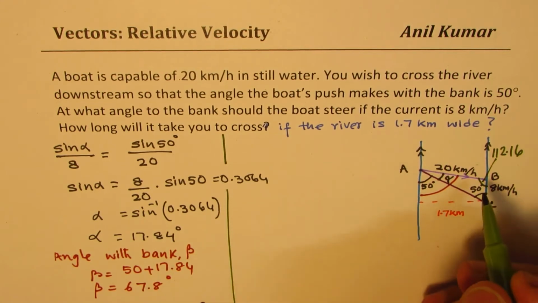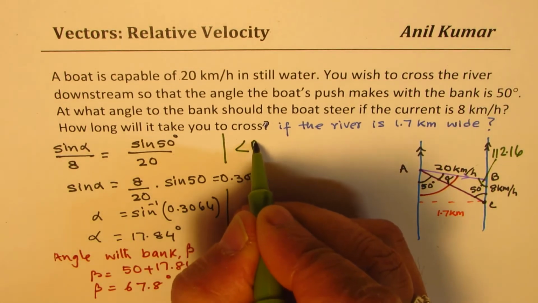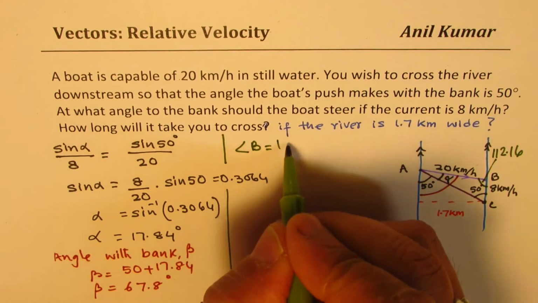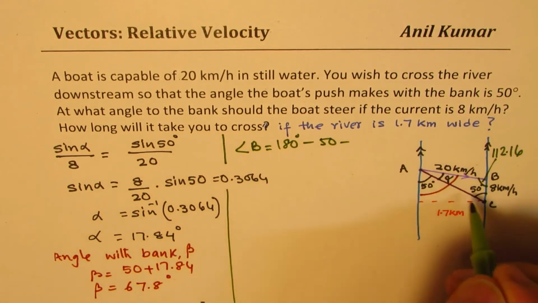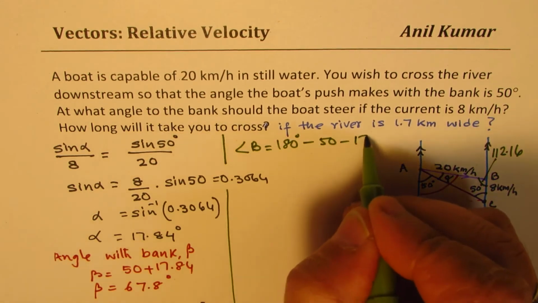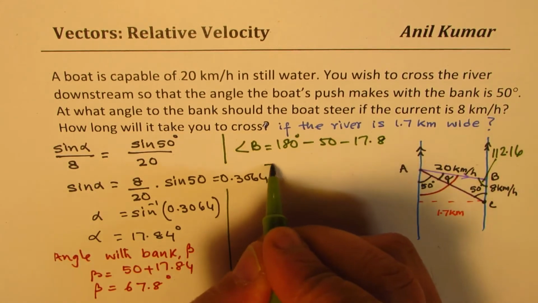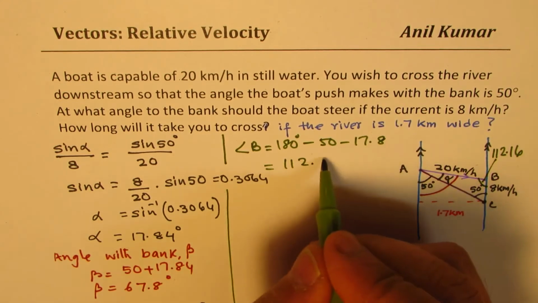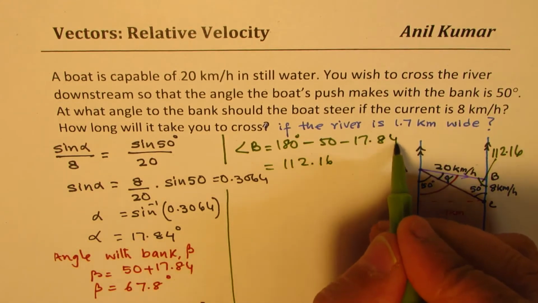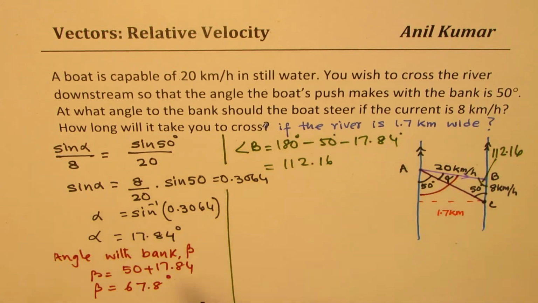Okay, so we find that the angle at B is equal to 180 degrees minus this 50 degrees minus what we found as alpha, which is 17.8, and we get that as 112.16, right? It's a good idea to use two decimal places for calculations, since there could be huge errors, right?